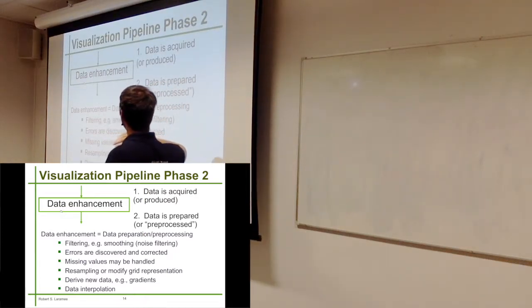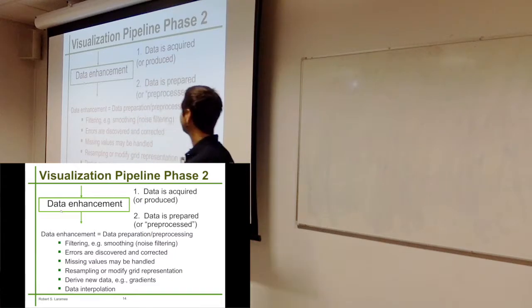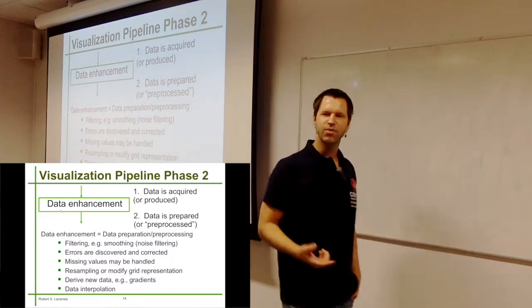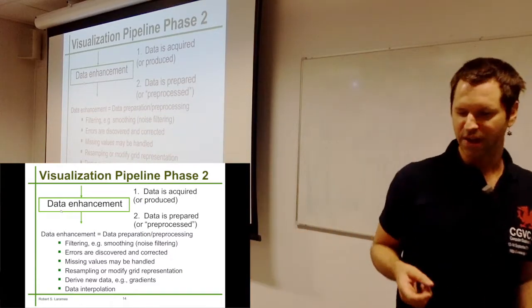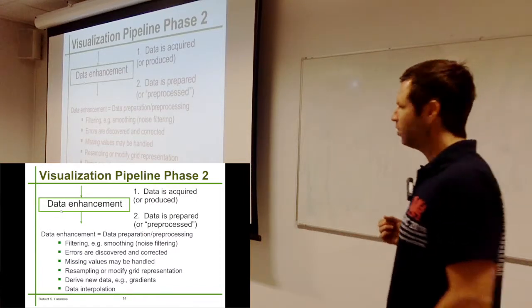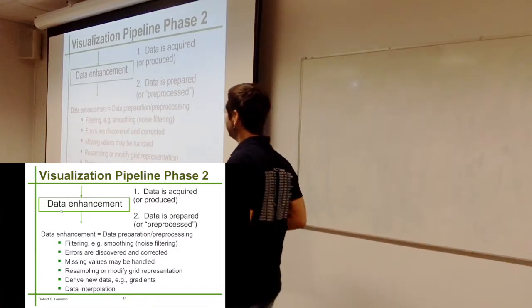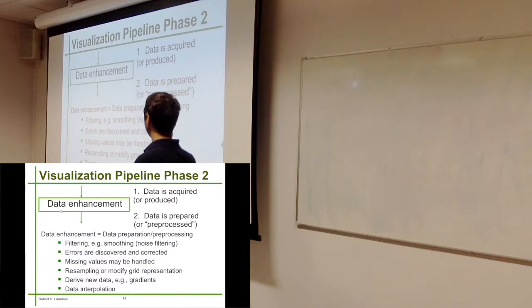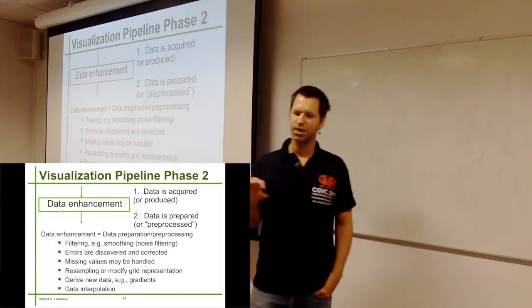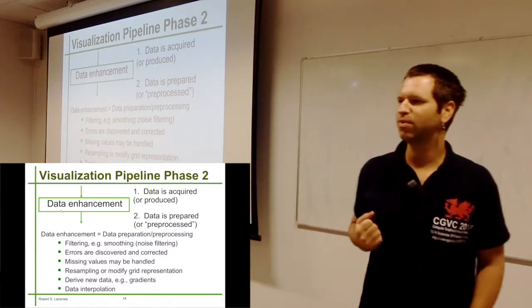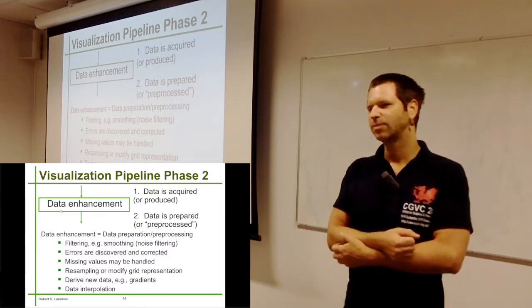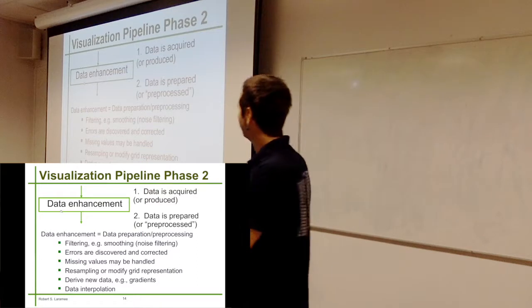Other examples include filtering and smoothing, discovering errors and fixing errors. That happens all the time. Filling in missing values or deciding how missing values can be interpreted. Resampling. Anybody heard of that term before, like resampling? We won't go into it in a lot of detail.